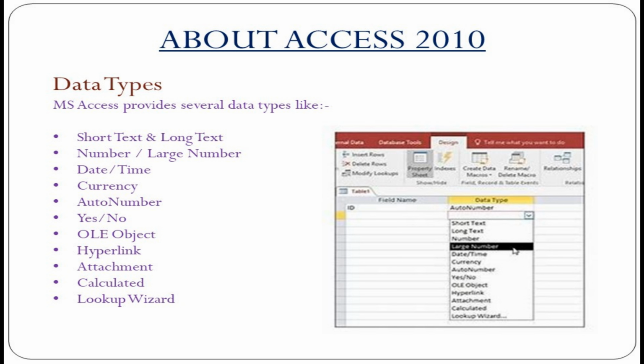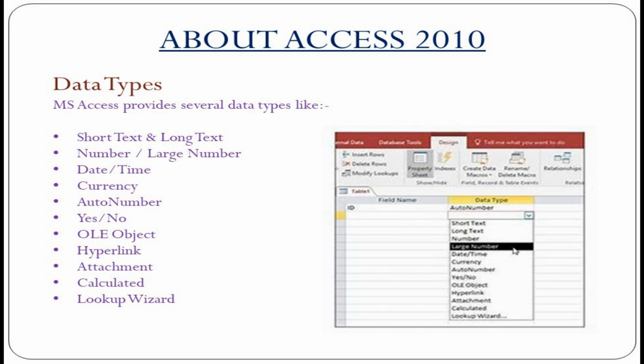Lookup wizard is concerned with when you want to create a list. Suppose subject selection or choice of center, such types of data. In that case, we use lookup wizard. Lookup wizard simply means we need to create a list when a user wants to see multiple options in the form of a list.